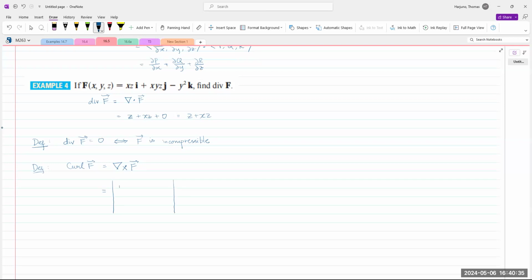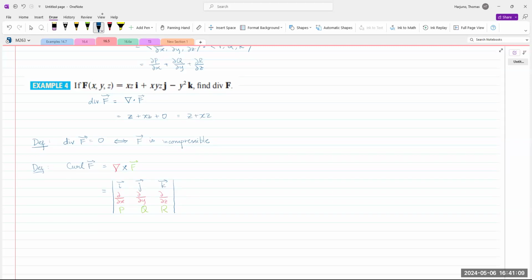Okay, so the first row is the unit vectors i, j, k. Now the second row is the gradient notation, ∂/∂x, ∂/∂y, ∂/∂z, and then the third row is our vector field, so P, Q, R.